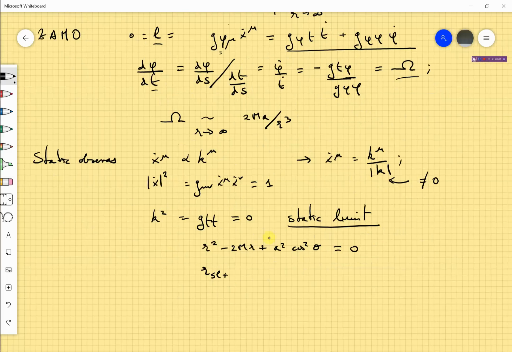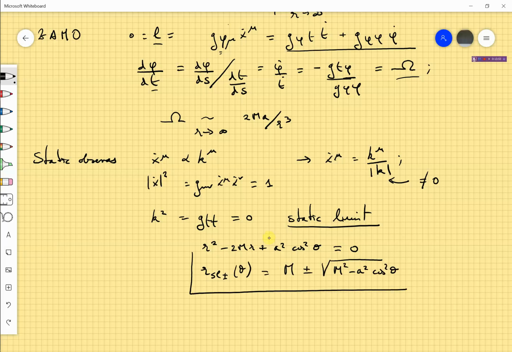So let me call them plus and minus. r is a function of theta, and this function is m plus and minus the square root of m squared minus a squared cosine squared theta.